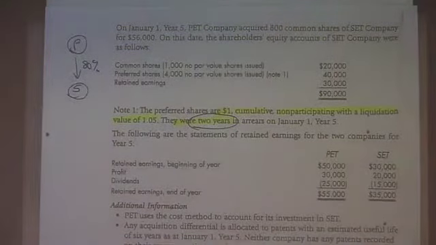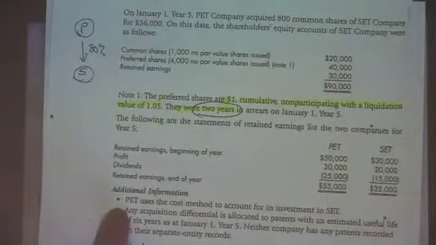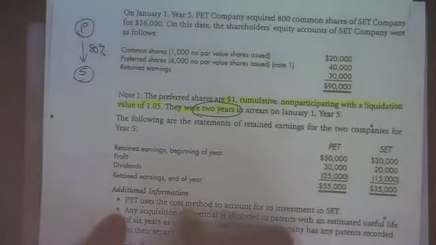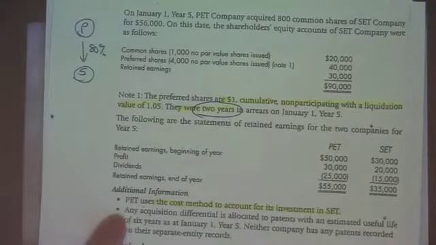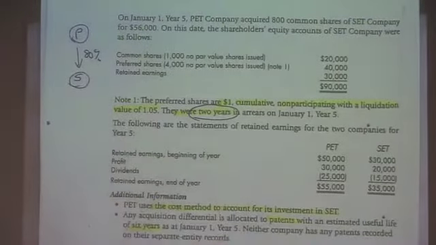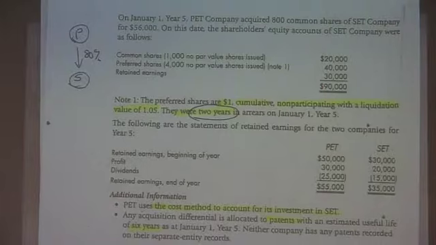Now, the additional question: Pat uses the cost method to account for the investment in SET. That's important to know. And any acquisition differential is allocated to patent with a useful life of 6 years as at January 1st. Neither company has any patent recorded on the separate books.